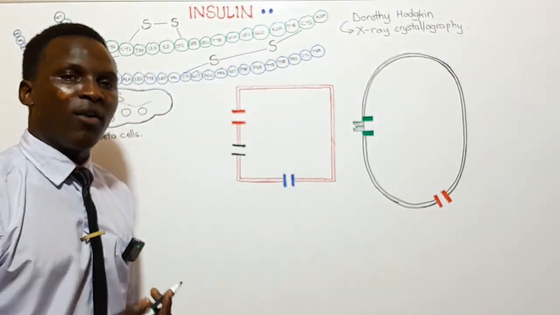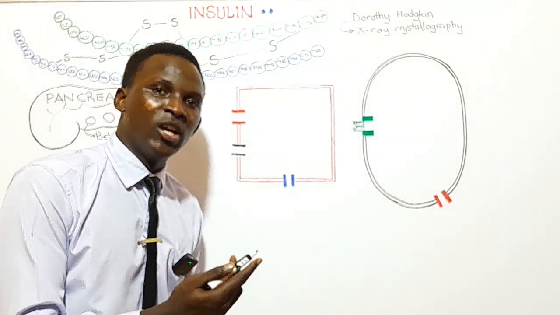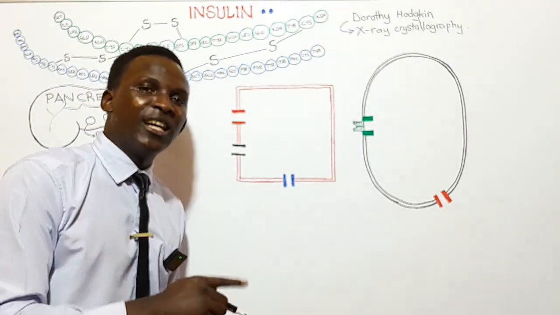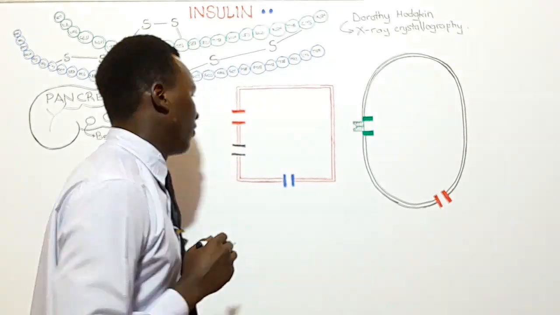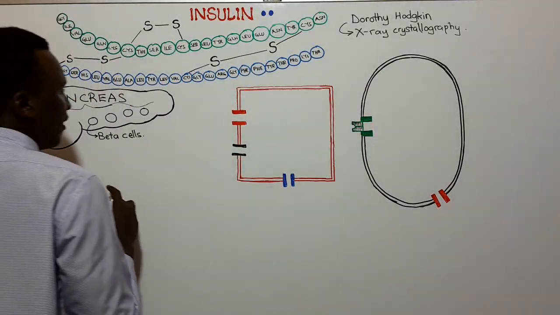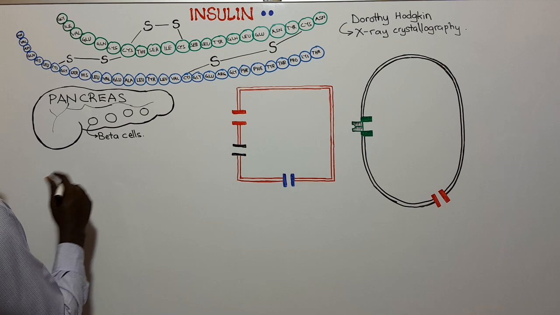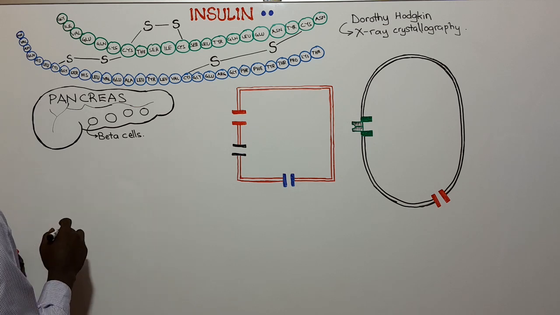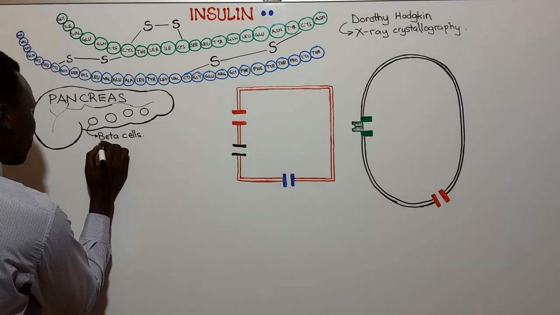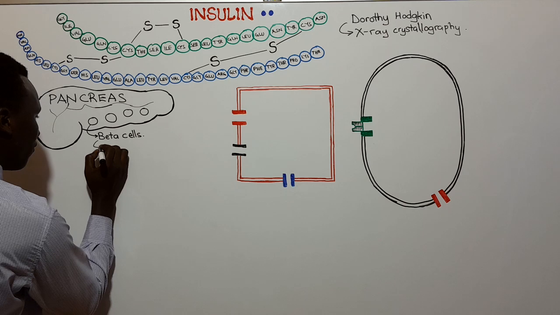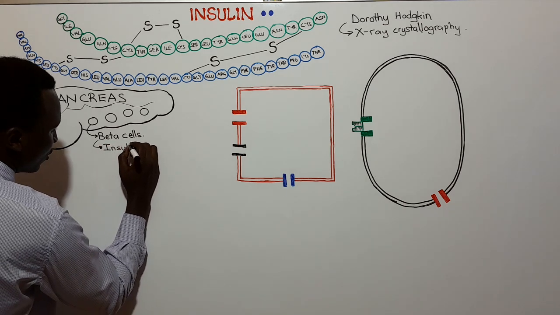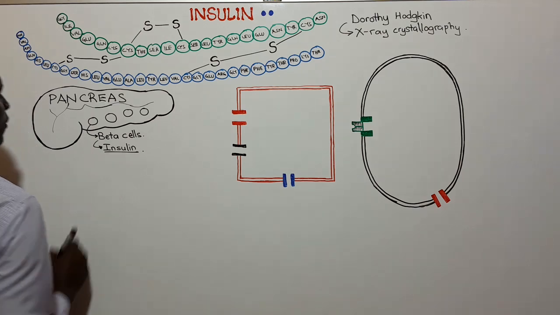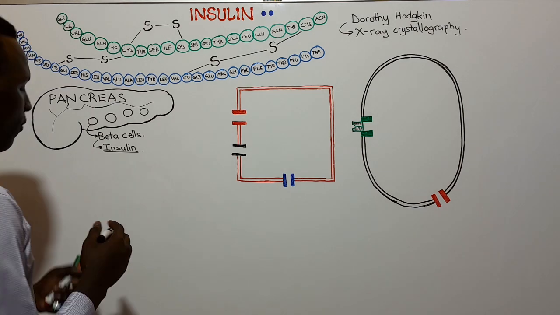For example, the alpha cells produce glucagon. We have the delta cells that produce the inhibitory hormone somatostatin, and amongst others, pancreatic polypeptide and so on. So these beta cells are the ones responsible for production of insulin, that hormone we are talking about. That's the point that we should know first.